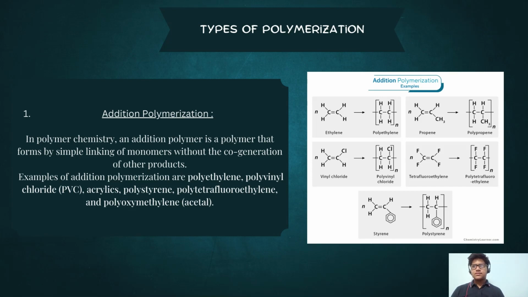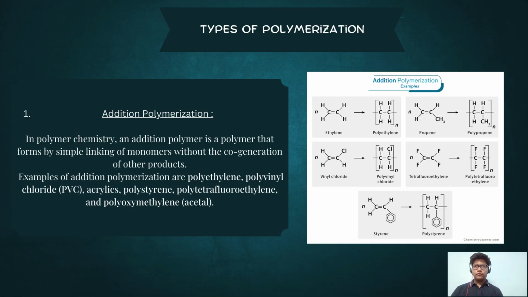In some cases, addition polymerization can open a ring-based monomer without the loss of any small molecules. A bit tricky, right? But the actual meaning is that in addition polymerization we add two or more monomers without giving any byproduct.